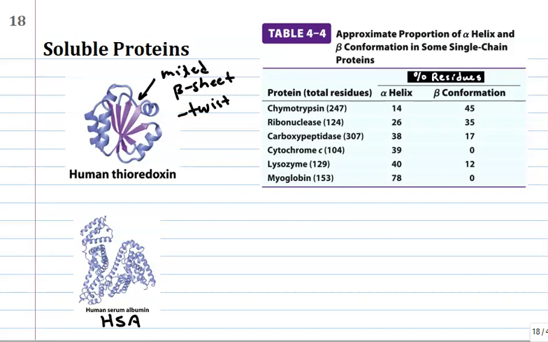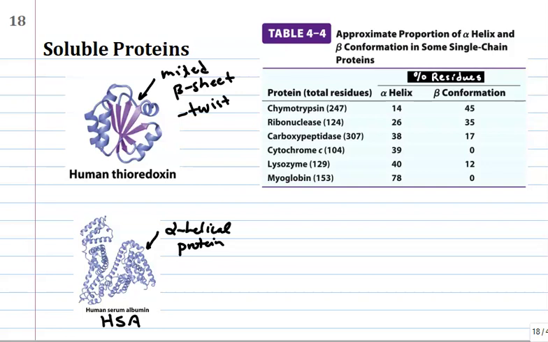Well, look at human serum albumin. It doesn't have any beta sheet. Is that okay? Well, yeah, that's okay. So this is what we would call an alpha helical protein. Now, there's turns in here, yes, but there's no beta sheet. So typically we might use the term alpha helical protein or beta sheet protein if there's not one example of a helix or a beta sheet.